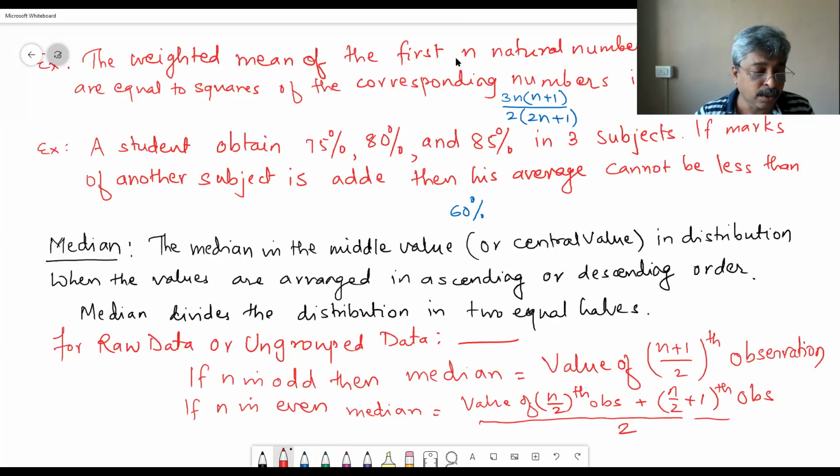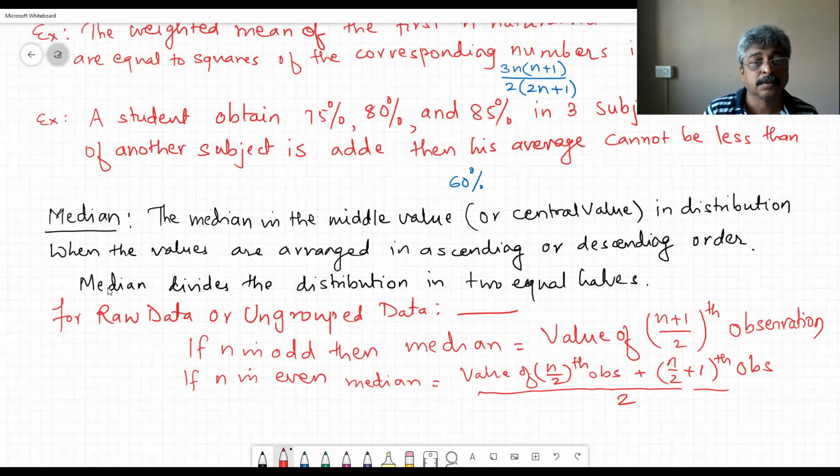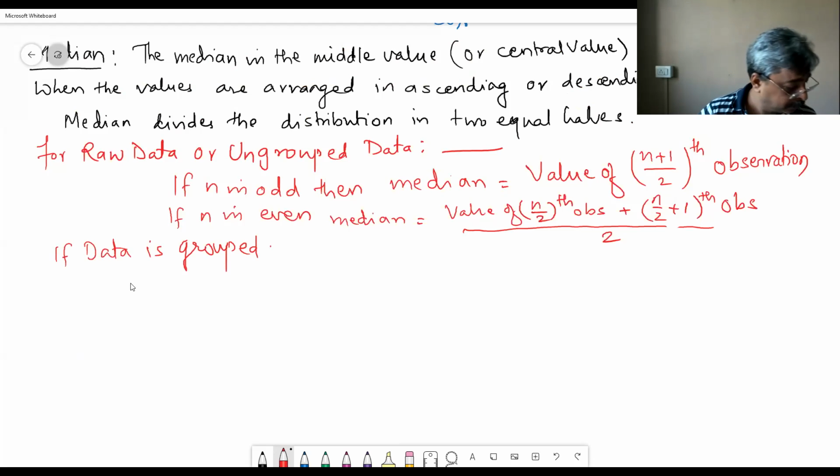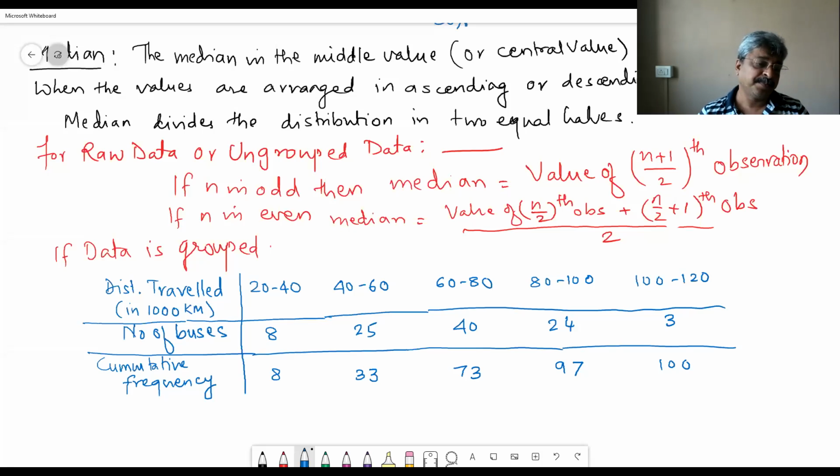Okay. And if the data is grouped, the distance traveled in 1000 kilometers: 20 to 40, 40 to 60, and the number of buses are given, total 100 buses, and this is cumulative.